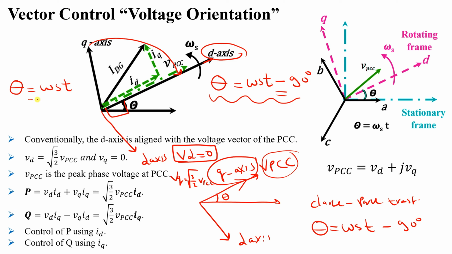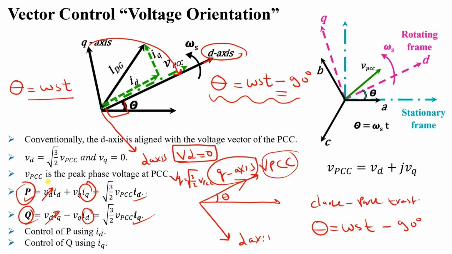In the previous case, we controlled power using ID and Q using IQ. If you do the reverse, if you switch this by 90 degrees, then you'll find the reverse will happen. VD will be equal to 0, and so we'll see that power is controlled by IQ and Q is controlled by ID. You can see the relation is now reversed.